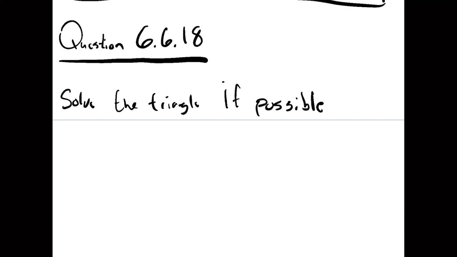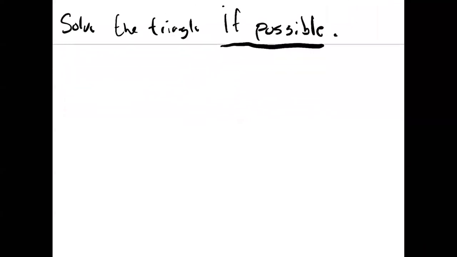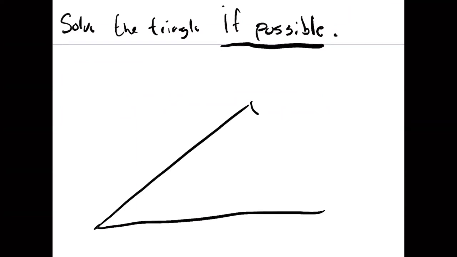So it's actually really nice to have this phrase here, if possible, because if we don't have a solution, then we're going to find out pretty fast whether there is a solution or not. Okay, so let's inscribe the information that we have.